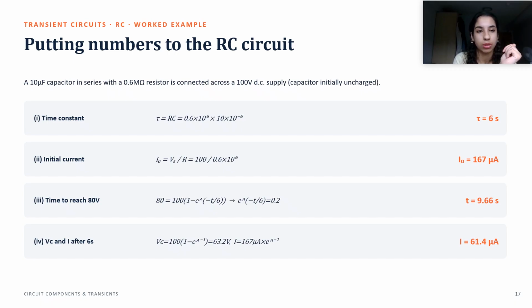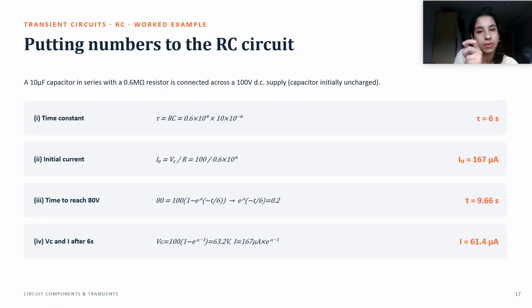It's very important to say DC because AC changes everything, okay? Just a reminder, I'm making a video on AC circuits after this. We will go into detail with it. Now, the capacitor is initially uncharged, so zero charge inside it.